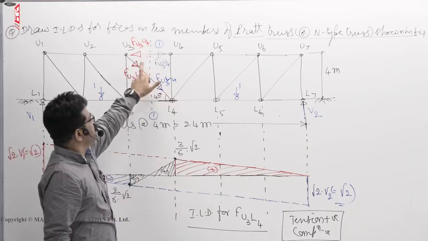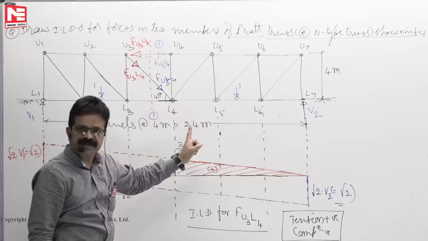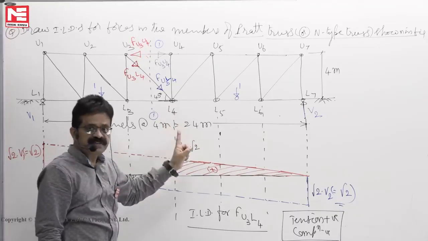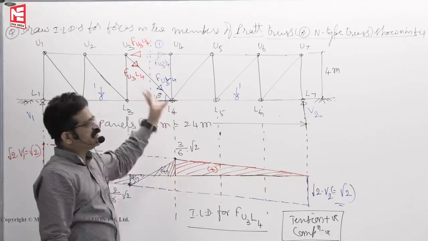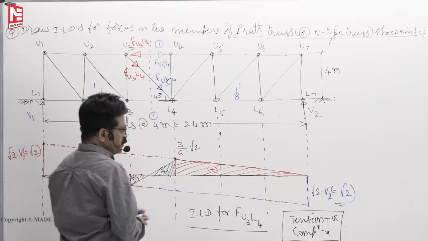So the code book tells you that for such a member which is subjected to reversal of stress due to live load, the slenderness ratio should not exceed 180. Okay, so those points we will write.